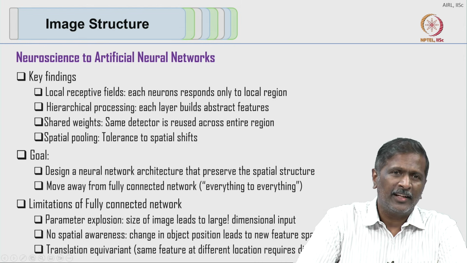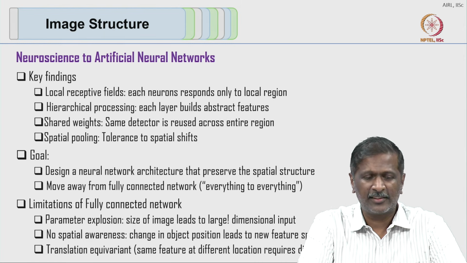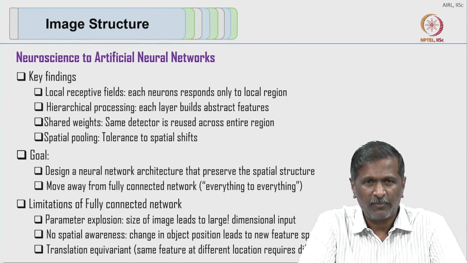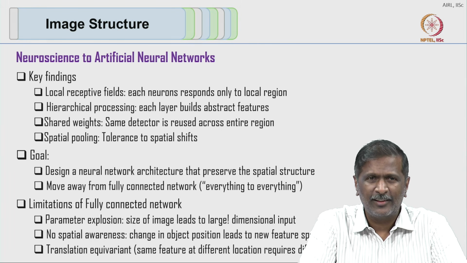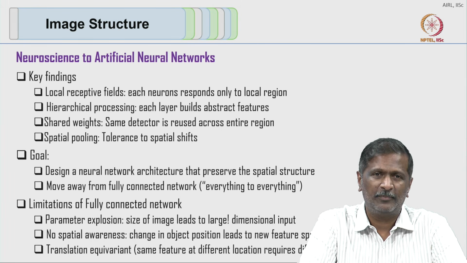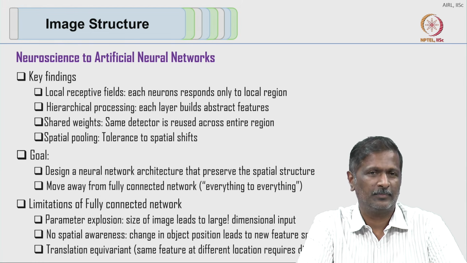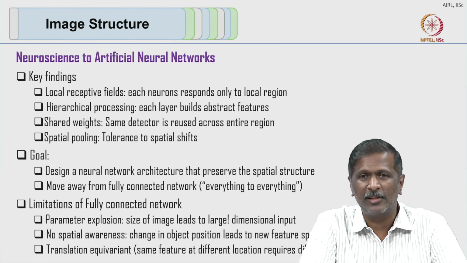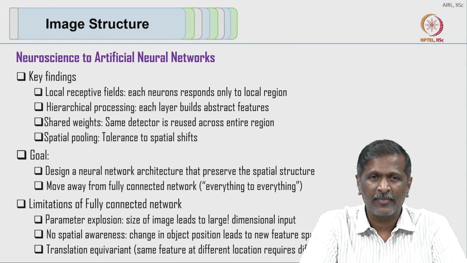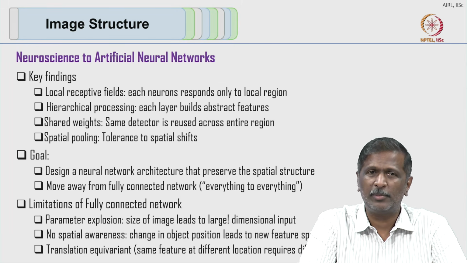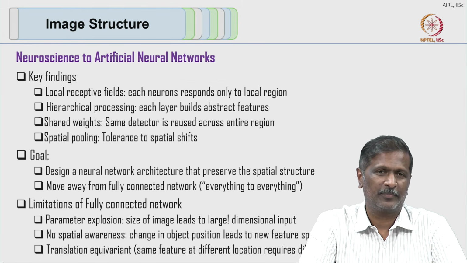Now what are the findings of this neuroscience experiment? What is the key finding? Local receptive field. Each neuron responds only to the local region. That is the reason we built a radial basis function network also, right. They have a hierarchical representation, hierarchical processing.